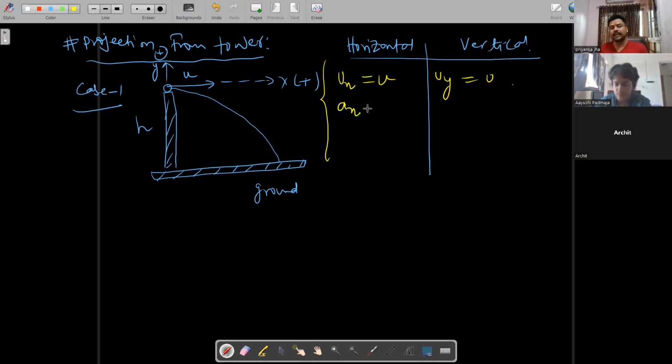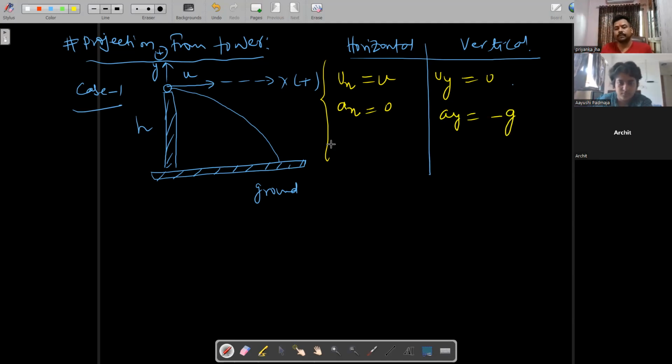And what is the acceleration along the x-axis? No acceleration, because there is no external force acting along the x-axis. The only force acting is gravity, which always acts in the downward direction, negative y direction. And ay, because we have taken downward as negative, is minus g.